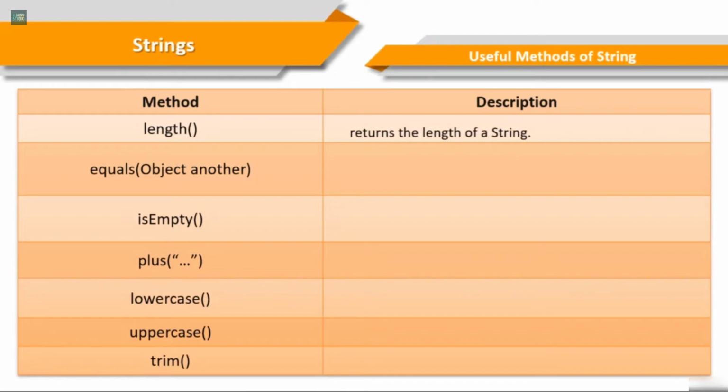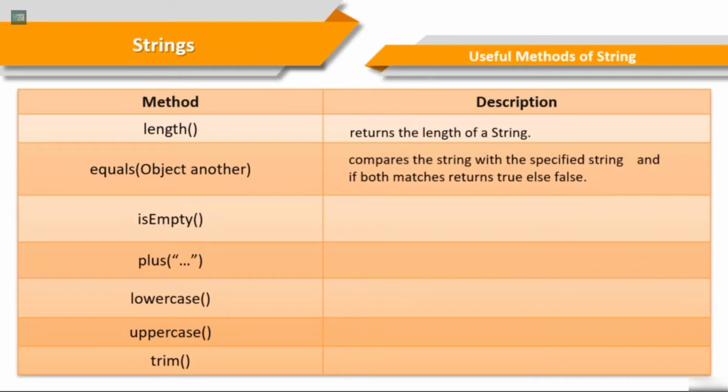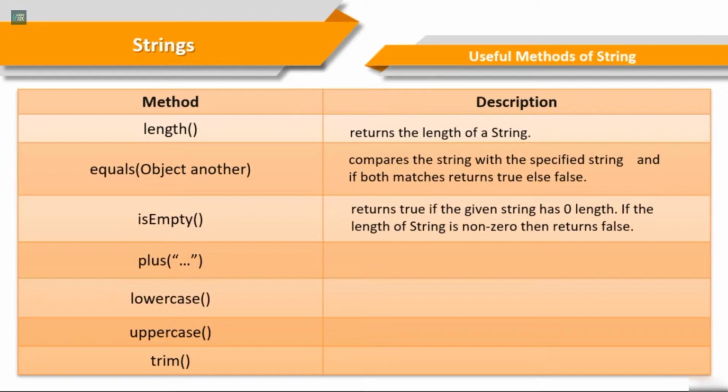The length method returns the length of a string. It has no parameters. The equals method compares the string with a specified string and returns true if two string objects contain the same contents, else false. Follow? The isEmpty method returns true if the given string has 0 as its length.